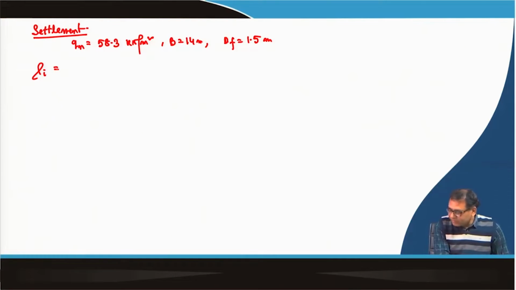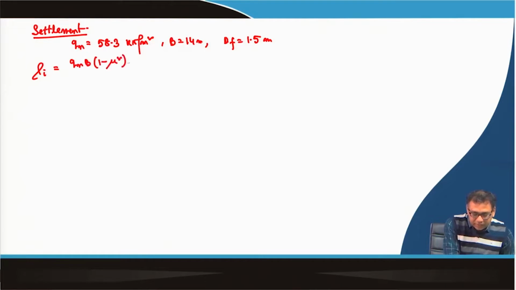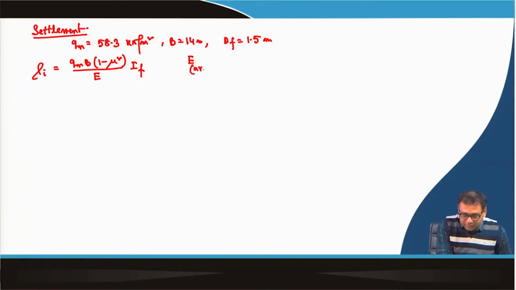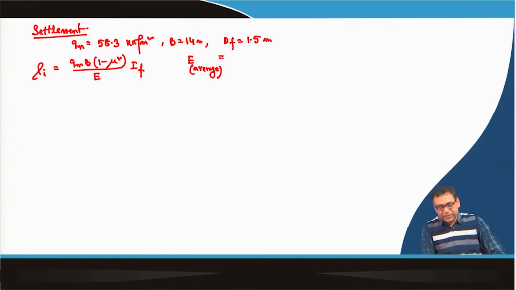So, for the clay soil immediate settlement, which is the elastic settlement, it is Q n B into 1 minus mu square divided by E, and then I f, the influence factor. So, here also what E value will we consider? Here also the weighted average E value will be considered, E average, like the previous case, because we considered the weighted Cu value during the bearing capacity calculation.